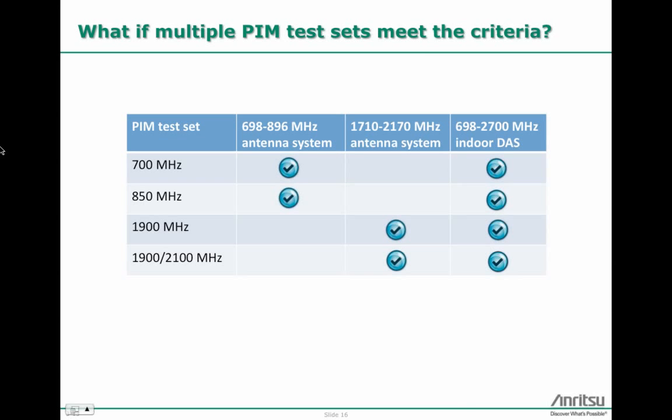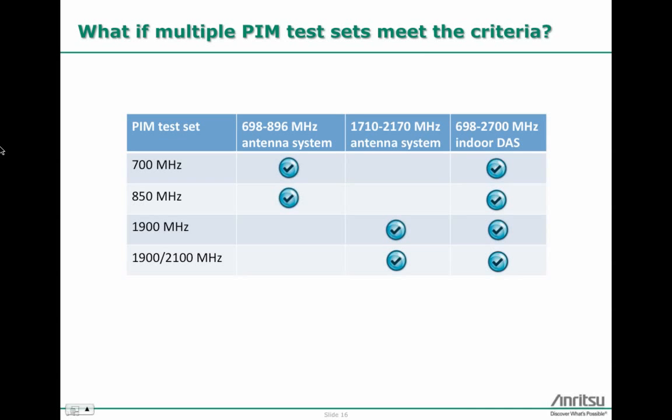Likewise, the high band ports on most antennas will cover from 1710 to 2170 megahertz, covering the PCS as well as the AWS spectrum. There are also new antenna systems that are capable of operating from 1710 to 2690, so that they're able to cover the 2.6 gig systems as well.